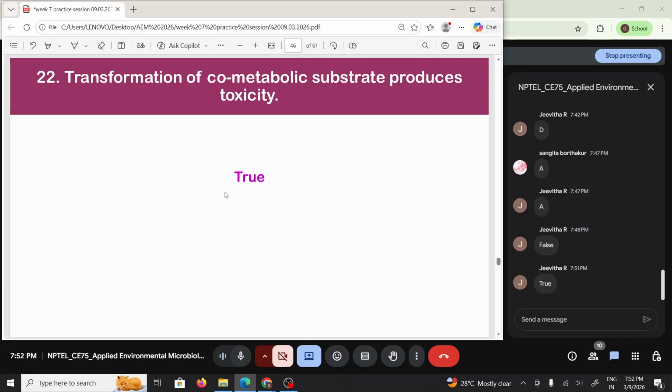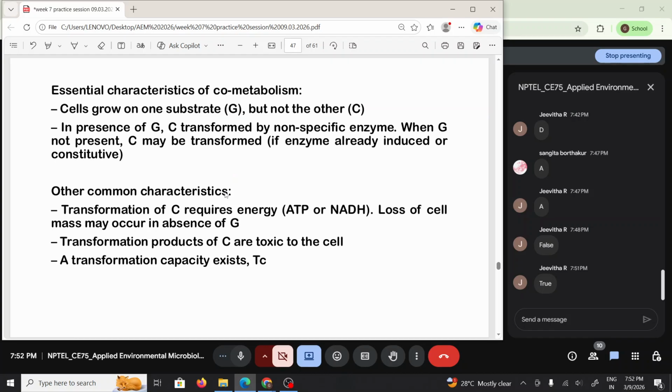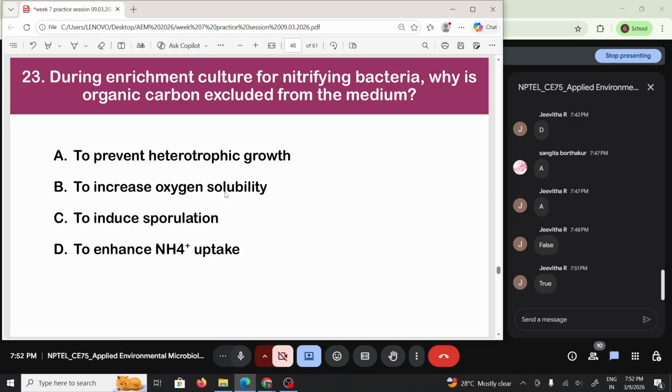Transformation of the co-metabolic substrate produces toxicity because that is obviously non-growth associated, and whatever metabolite that comes out of it could be detrimental to the microorganism itself. This is some context about whatever we have discussed so far. The next question is, during enrichment culture for nitrifying bacteria, why is organic carbon source excluded from the medium?